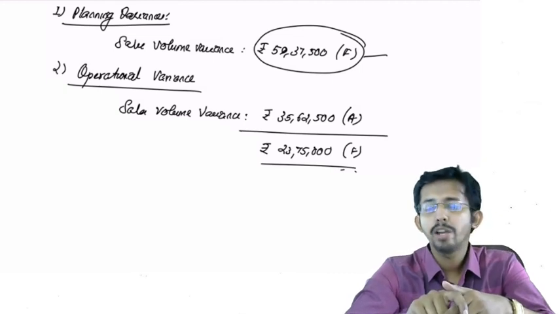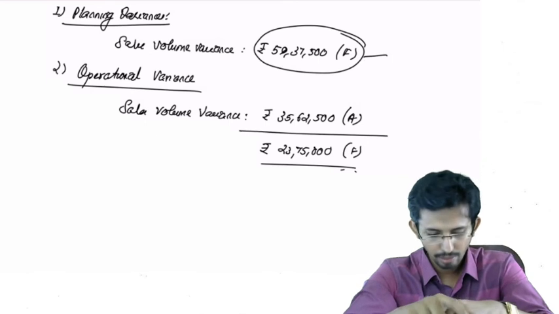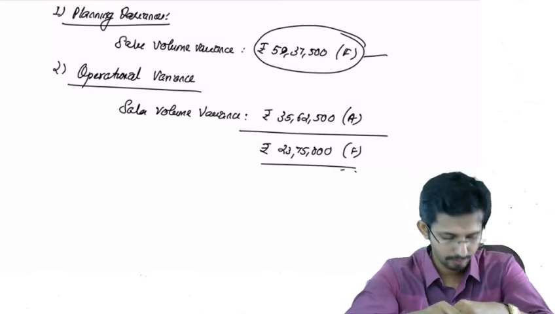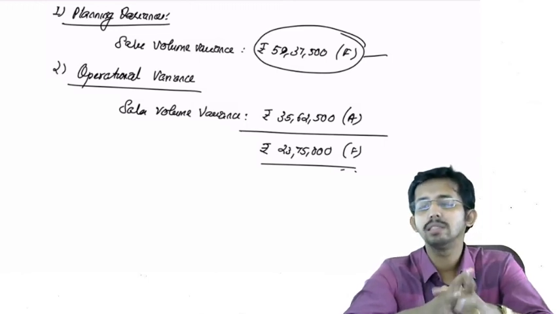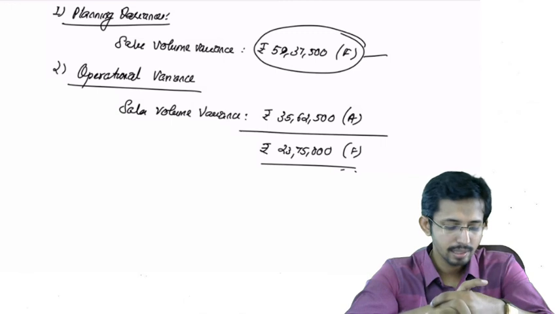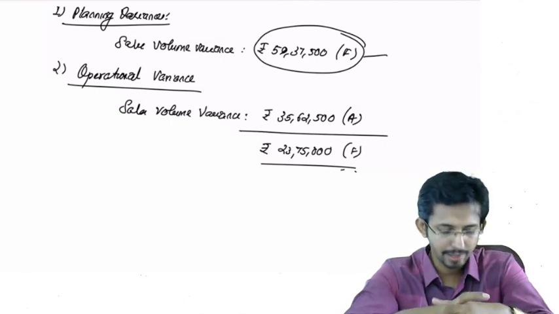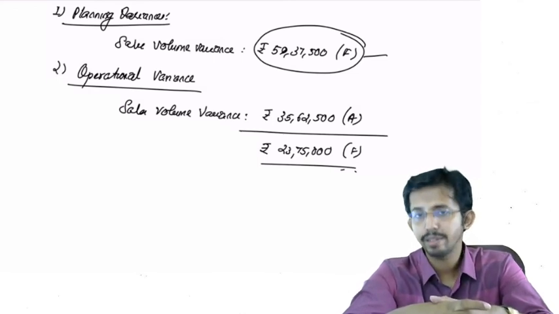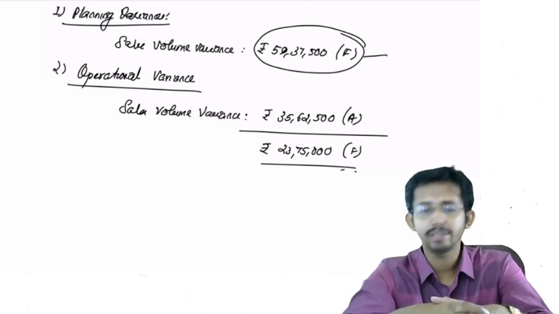The net favorable variance is purely on account of the planning sales volume variance of rupees 59,37,500 favorable, for which Mr. K cannot be given any credit.